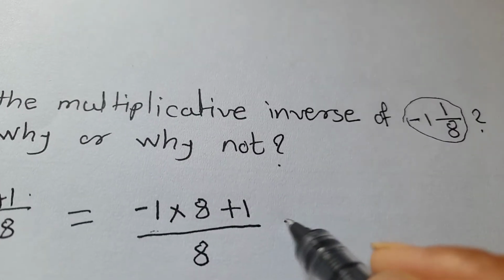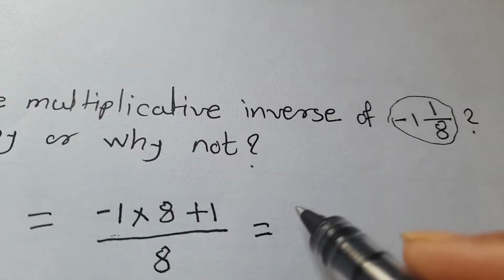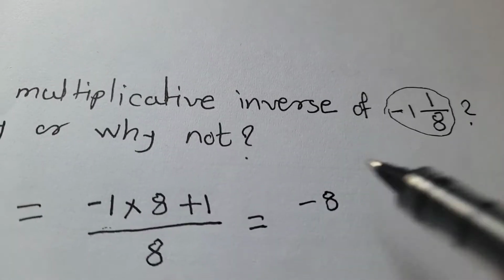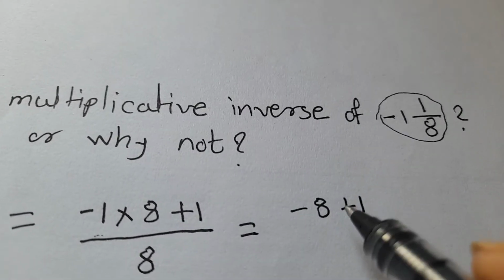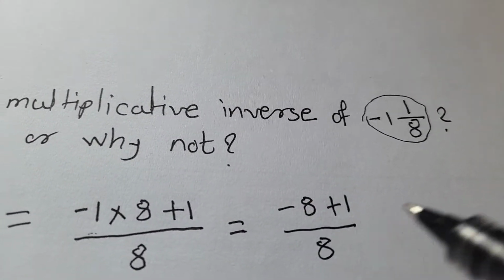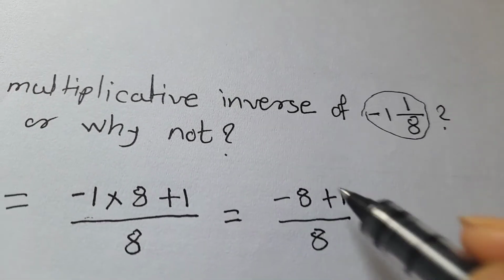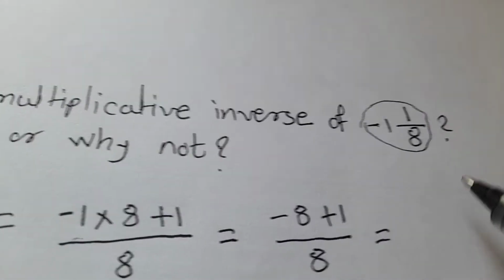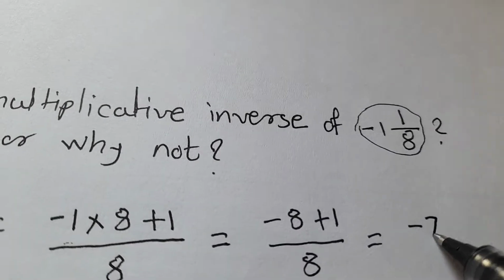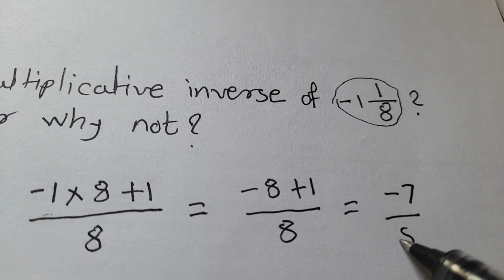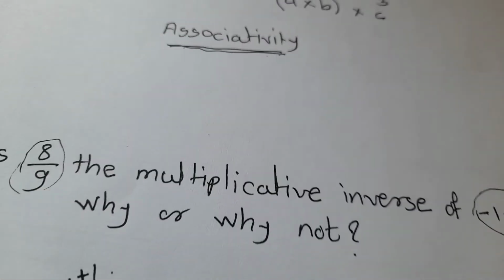Minus 1 into 8 is minus 8, plus 1, upon 8 as the denominator. Minus plus gets minus, and the sign is minus 7 upon 8.